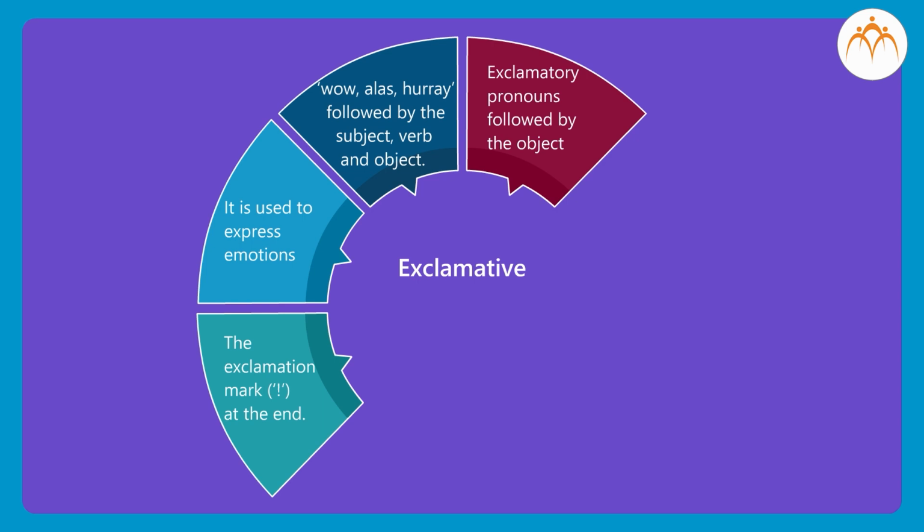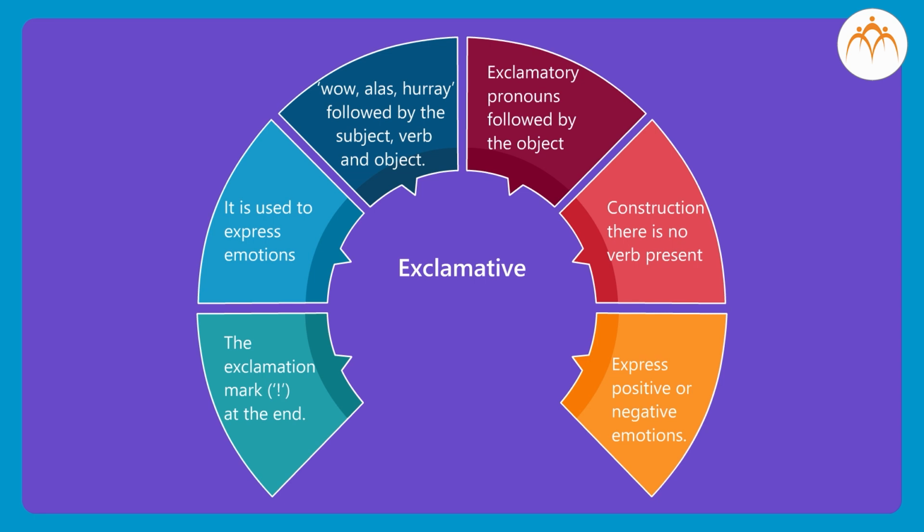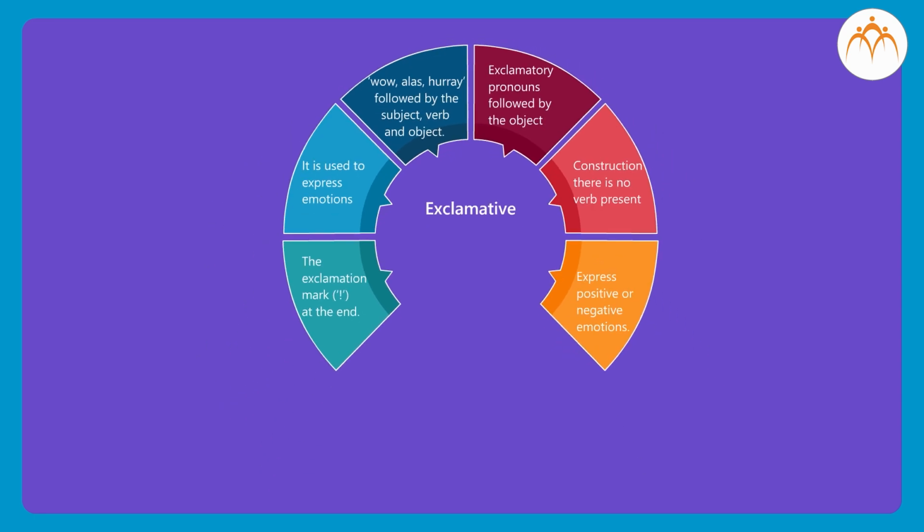Alternatively, it uses the exclamatory pronouns followed by the object. In this type of construction, there is no verb present. The exclamatory form can be used to express positive or negative emotions. For example, wow, you look beautiful in that dress. Or, what a beautiful dress.